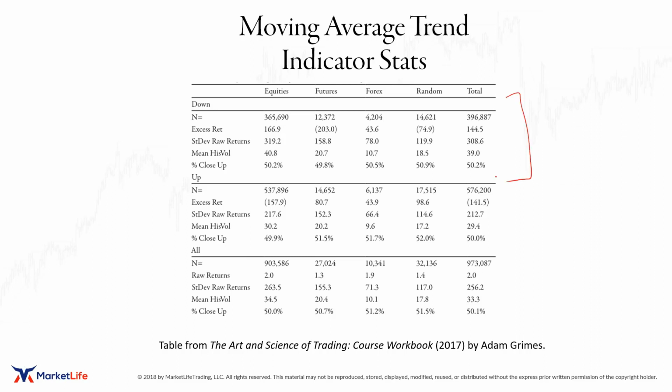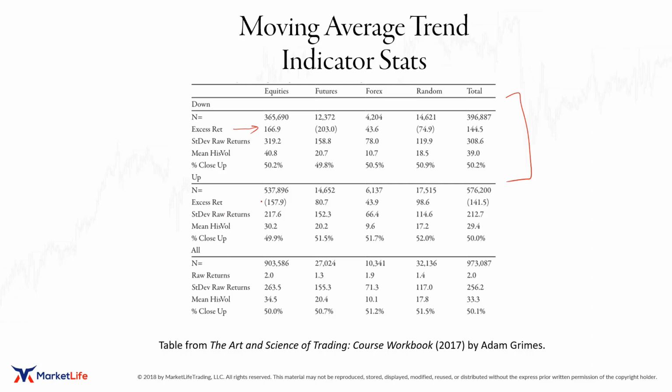That's the first section of this chart. And what we find is that the excess return in stocks is 167 basis points. That's 1.6% positive.